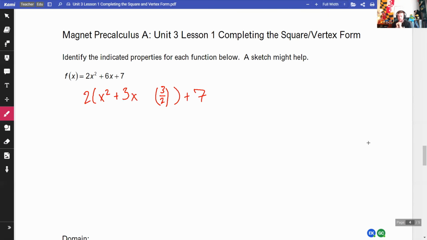And I appreciate that you wrote fractions, because 3 halves squared is much easier than 1.5 squared. So we want b divided by 2, squared, and that's a plus. It's always going to be a plus, because negative times negative gives a positive, even if b over 2 is negative.